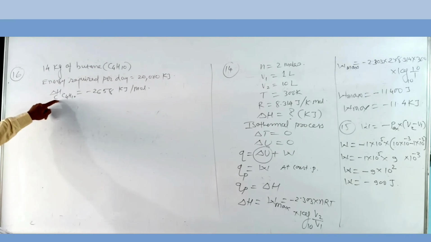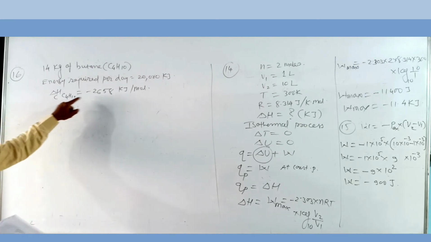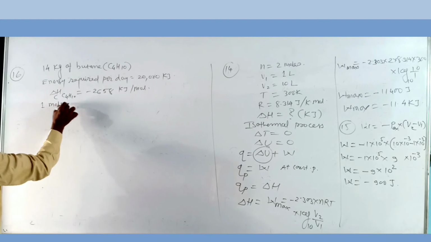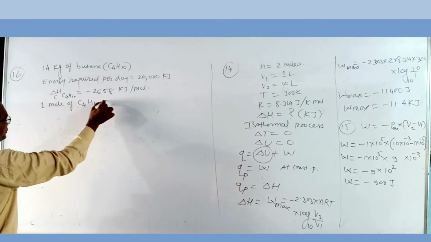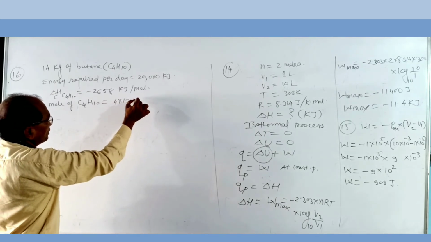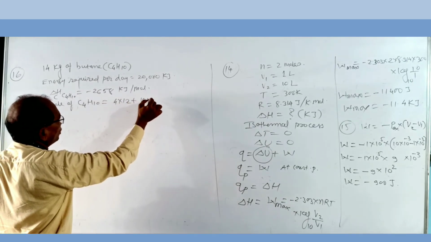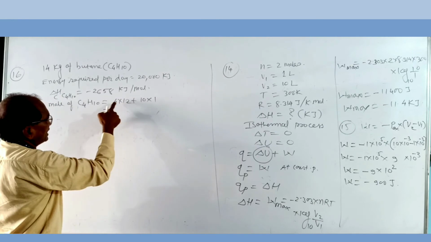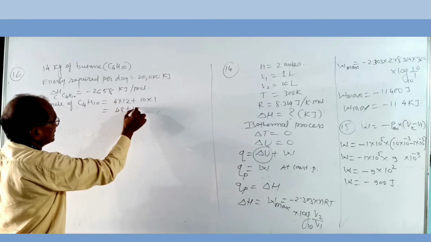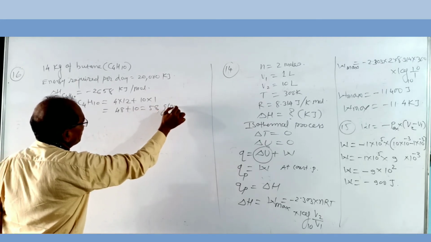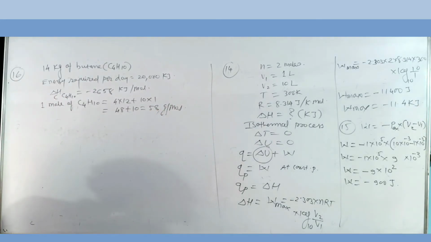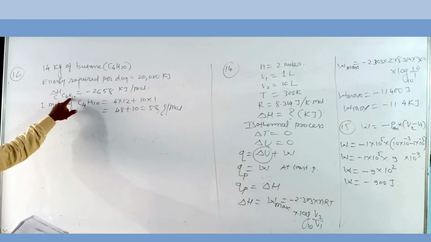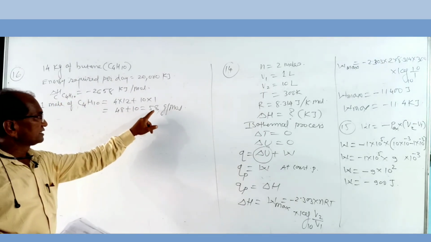So the combustion energy delta H is given for one mole of butane. So 1 mole of C4H10, that is 4 into 12 plus 10 into H, hydrogen molar mass 1, that is 12 fours 48 plus 10, that is 58 gram per mole. 4 carbons, 12 each, 48; 10 hydrogens, 1 each, 10; 48 plus 10 is 58.